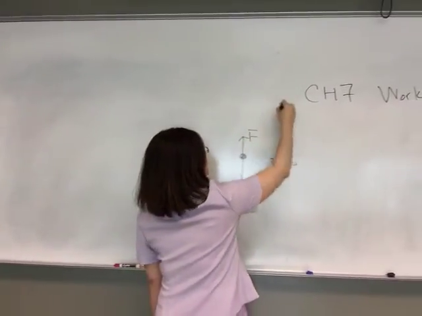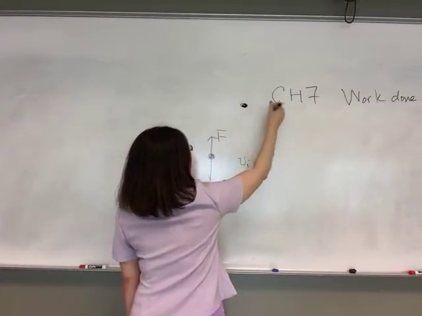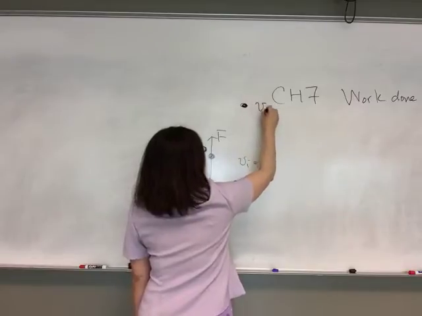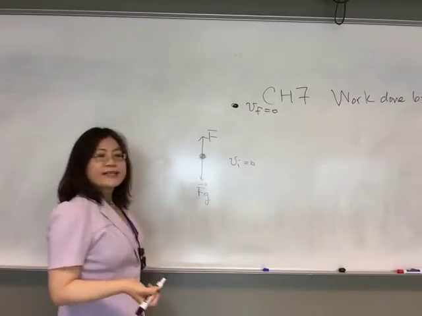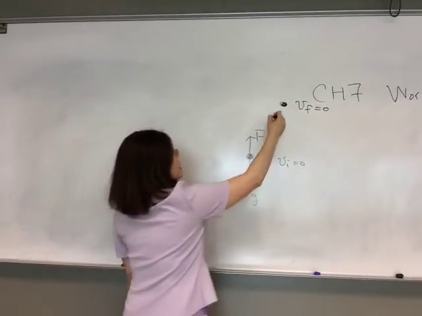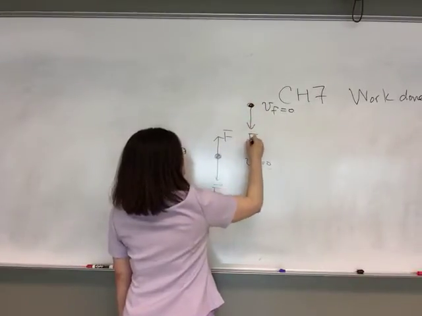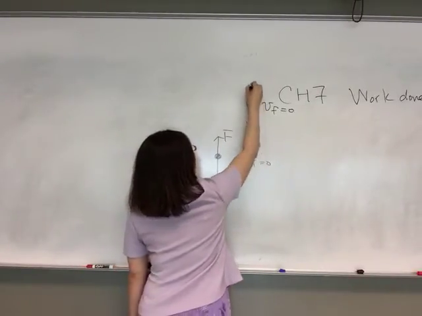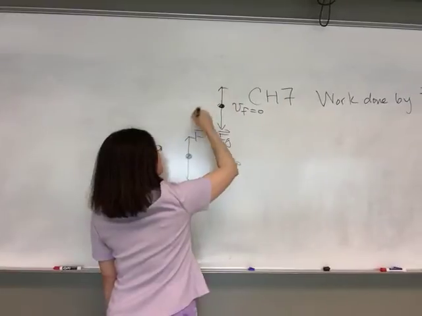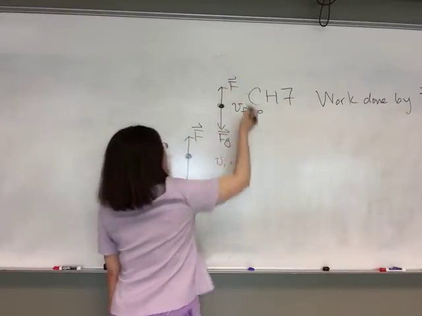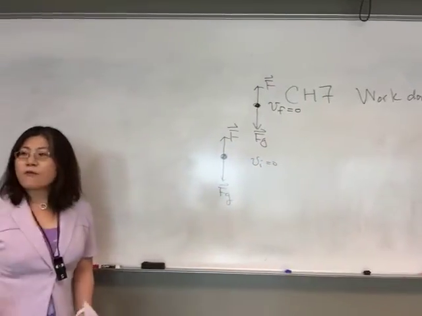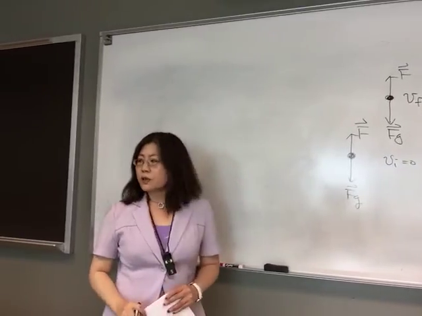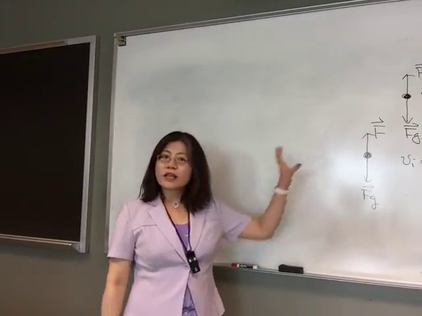Once you move the object to this point, it becomes stationary again, so it loses all its kinetic energy. At the same time, it still experiences gravitational force. By Newton's first law, there must be an applied force to balance that in order for the net force acting on the object to be zero. Okay? That all makes sense.